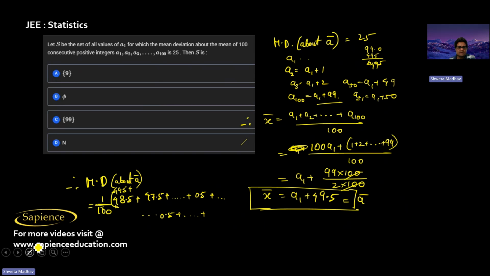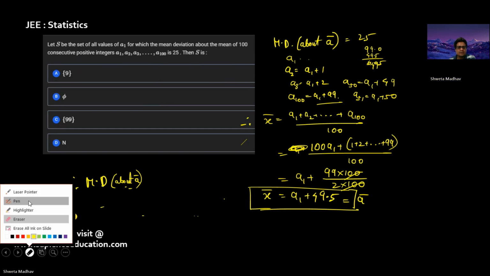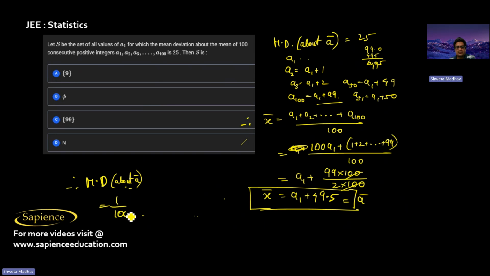So actually, the mean deviation from the mean will be 1 by 100 into 0.5 plus 1.5 plus 2.5 till 49.5, this into 2.